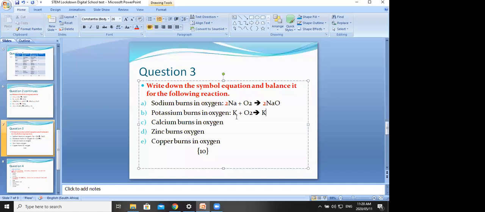Potassium oxide. So is it balanced? No, sir. How are we balancing it? Coefficient 2. Yeah, coefficient 2 there and there. Then we can say that it is balanced now.